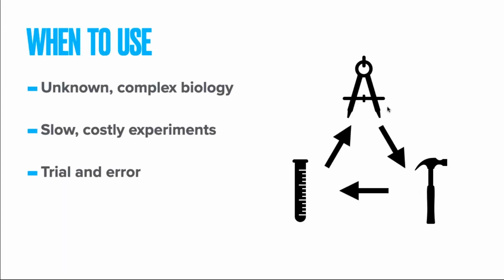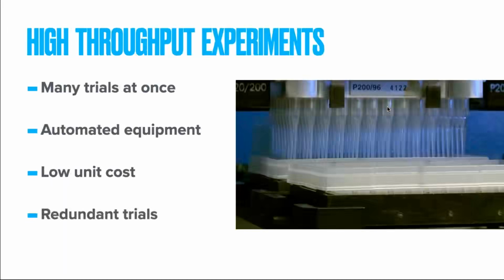The experiments have to be slow and costly. You can't just have huge piles of reactants and be able to do 1 million experiments really cheaply, because at that point you might as well just use deep learning, okay? And it's a trial and error process where there's a lot of unknowns. Here, it is worth it to adopt this process because you can't just brute force it by trying every possibility.